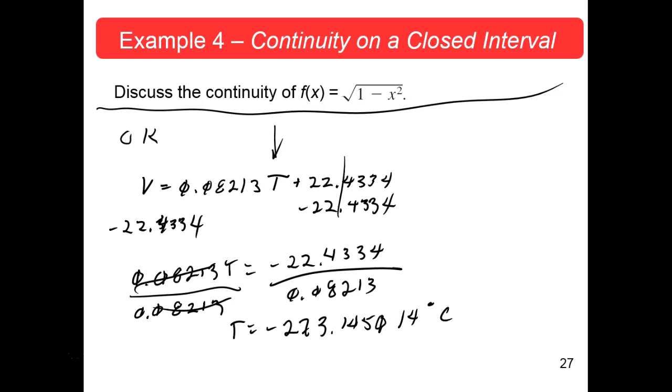Anything greater than this temperature here, yeah, you can have a closed interval. But this one is open. You can approach it, but you can never get there. So absolute zero is a one-sided limit, not a closed interval. It's an open interval. I don't think they ever got around to saying that, but that's what they're aiming toward.